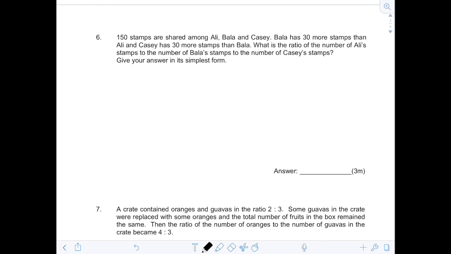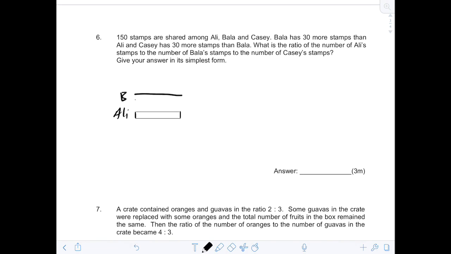Bala has 30 more than Ali, Casey has 30 more than Bala. Okay, so let's start with Ali, because Ali would be the poor guy who's below and not much things happen to him. Okay, if Ali had 1 unit, then Bala has 30 more than Ali.